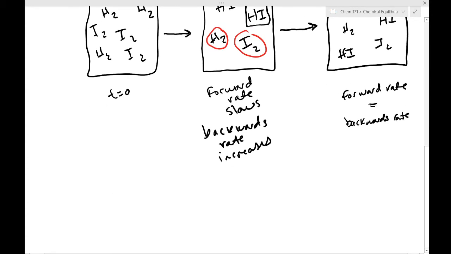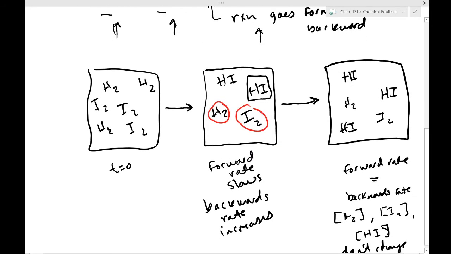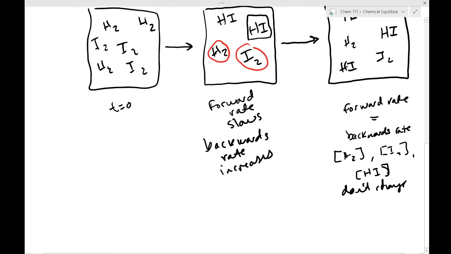The concentrations of H2, I2, and HI don't change, because as fast as the forward reaction is going, it's equal to how fast the backwards reaction is going. And this is said to be dynamic equilibrium.